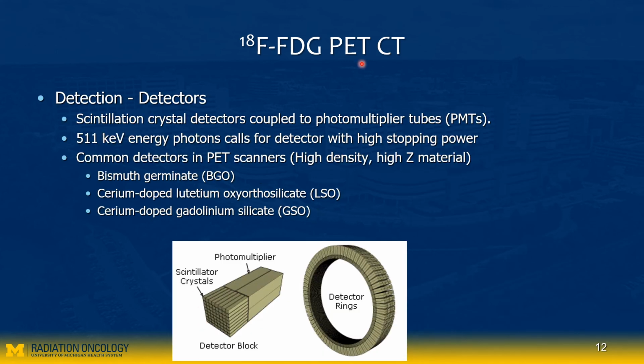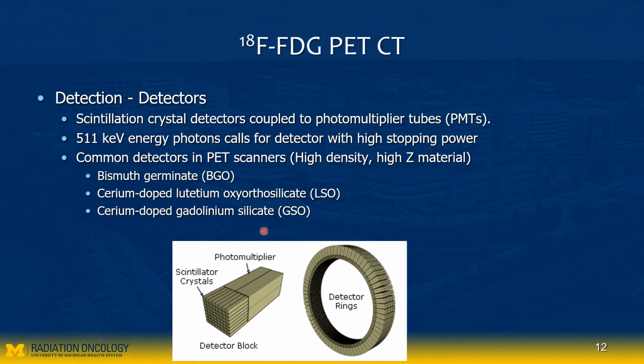So we have to detect this. If you think about it, 511 keV is rather high energy, so you need a detector system with a high Z material. Usually people use scintillating crystals coupled with photomultiplier tubes. So in a PET scanner, you have a ring of detectors around the gantry.